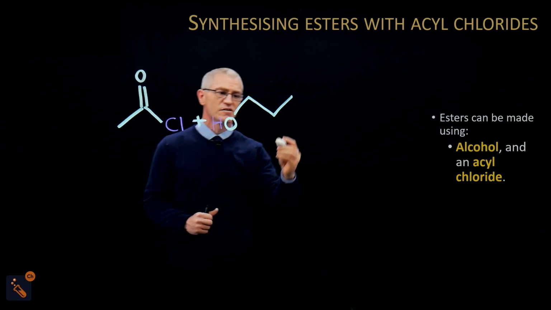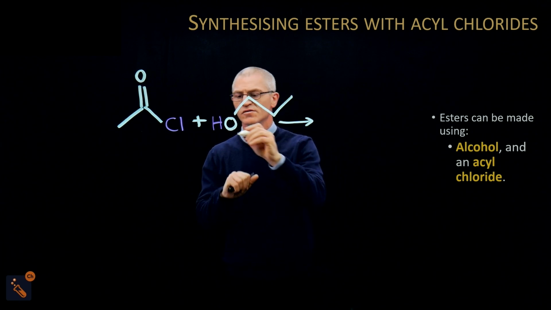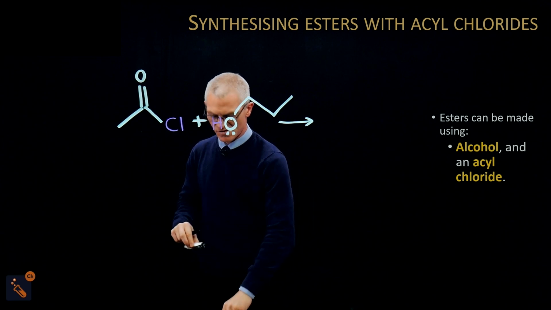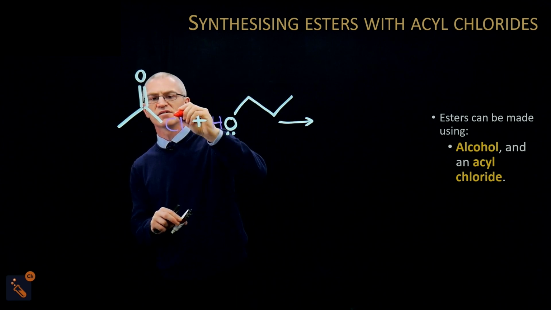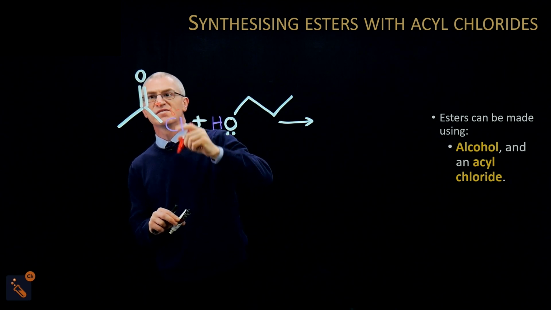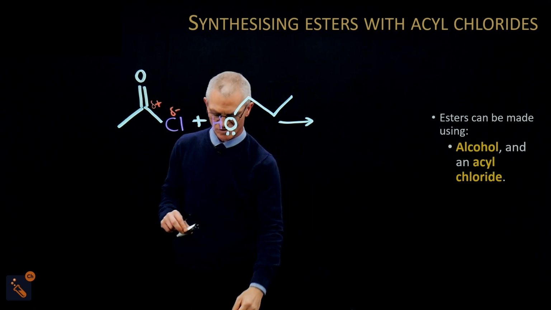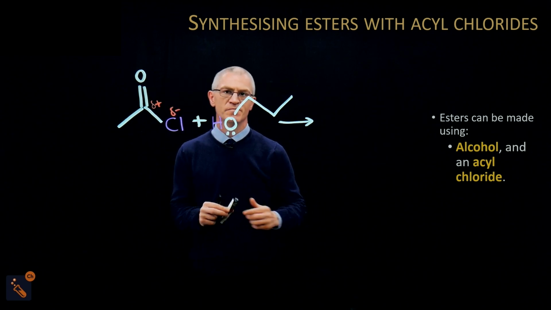All you do is take the O, remember there's a lone pair of electrons here, that comes into here, which is delta positive, and that's delta negative. As said before in previous videos, that's also delta negative, but this is the bit doing the reaction, and you don't need to know the mechanism, so I'm just trying to show you that this goes into that positive centre.